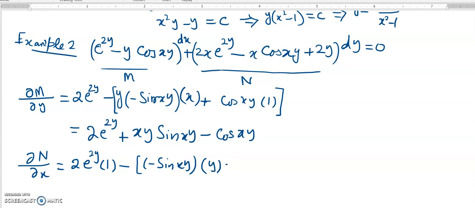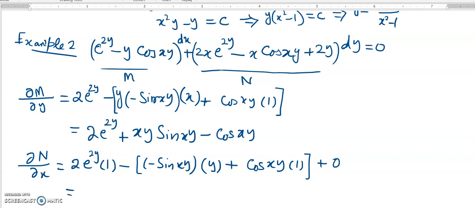And plus, applying the product rule, cosine of xy into the derivative of x, which is 1, and then plus 2y, because y is constant when differentiating with respect to x, so it will be 0.